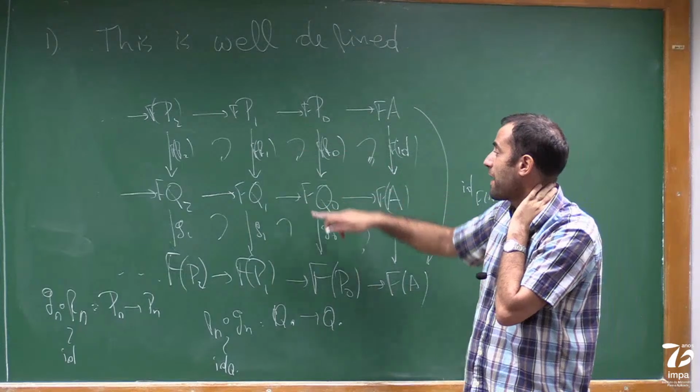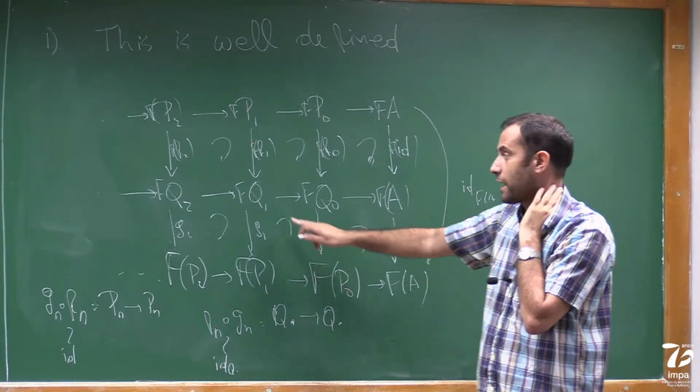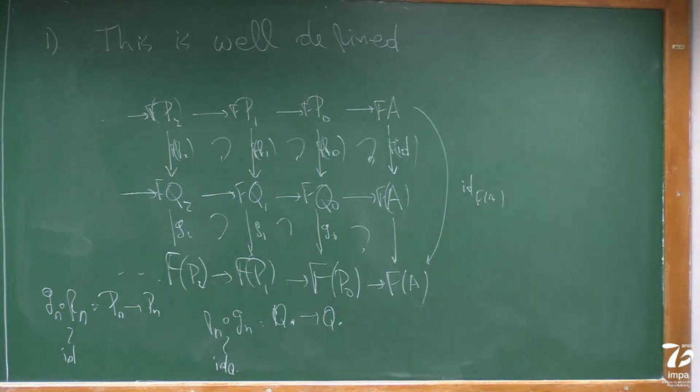So therefore, when I apply F, I'm going to get the identity applied to F's. So I'm going to get the same homologies on these complexes after I apply F. I could do this over F of A. Okay, so this thing is well defined.